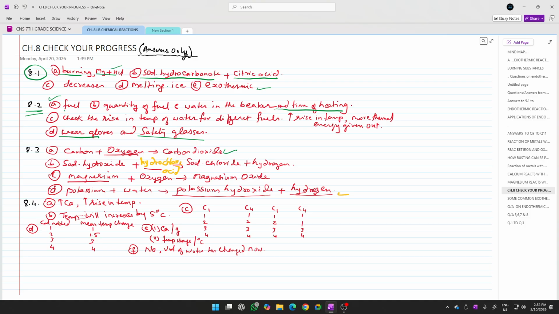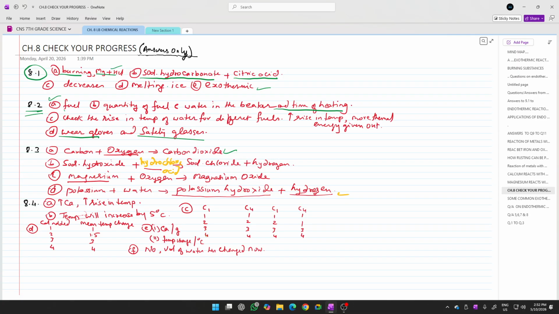It is not given how much calcium they are adding, but the table says that when Zara performs the experiment, the calcium she has added to 10 centimeter cube of water is 1 gram, 2 gram, 3 gram, and 4 gram. See, this is given: 1, 2, 3, and 4.